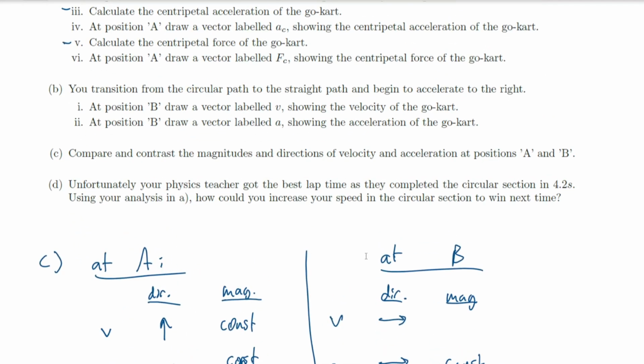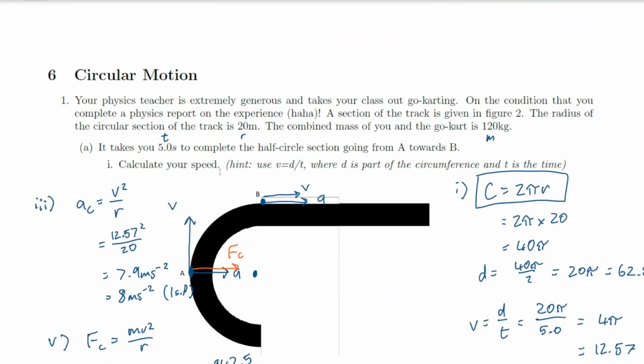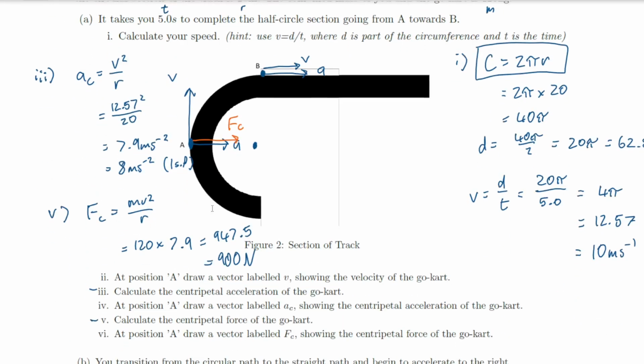Now velocity at B, would it be constant or increasing or decreasing? So if we get to this open bit of road and we accelerate harder than we were accelerating in the circular path, our velocity will increase as we have increased our acceleration.